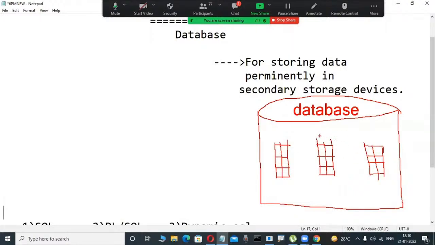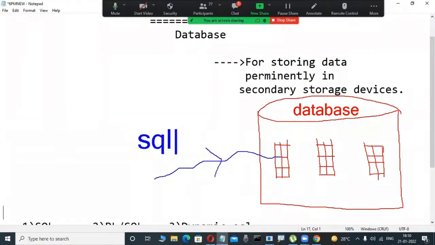That's why a structured collection of data is stored, and we operate this data by using SQL, a language, structured query language.